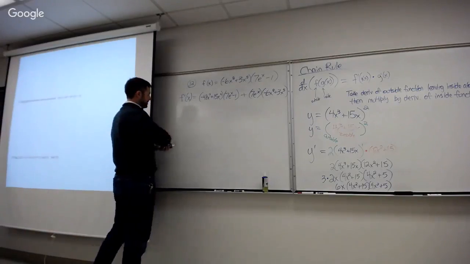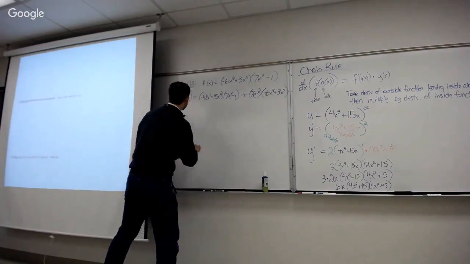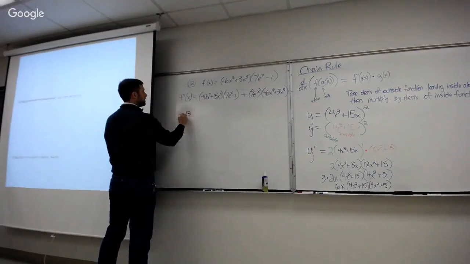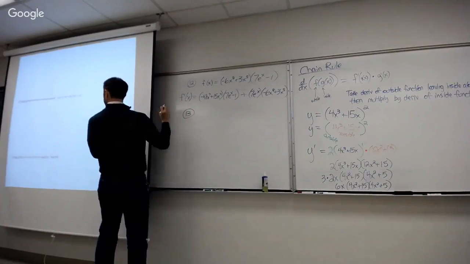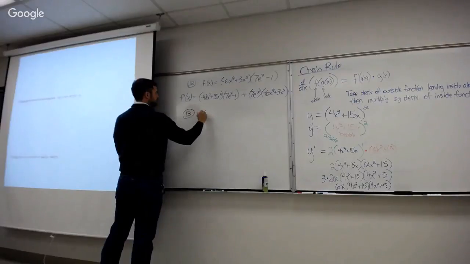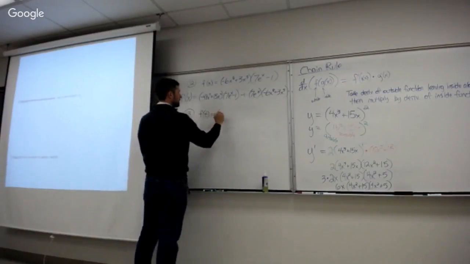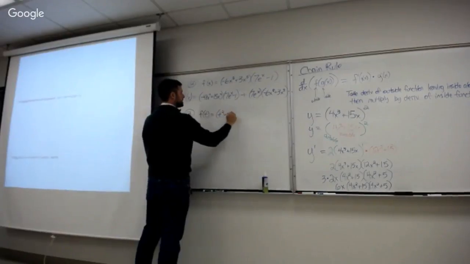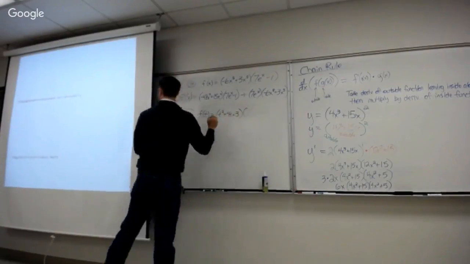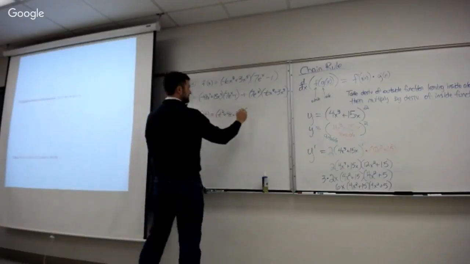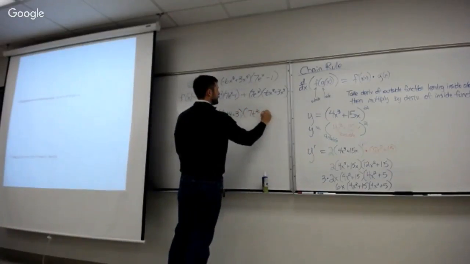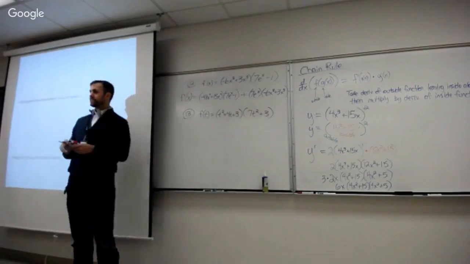Number 13. So number 13, our function is f of t equals t squared plus 4t plus 3 times 7t squared plus 3. Did I get that?